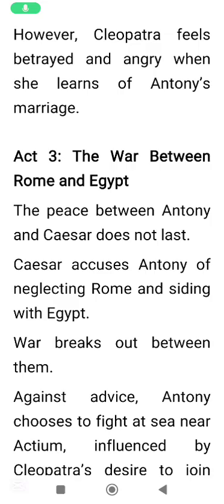So the peace does not last long. Caesar accuses Antony of neglecting Rome and siding with Egypt. One accusation from Caesar is: why would you leave Rome, where you are one of the rulers with political duties, for Egypt, all because of a woman?